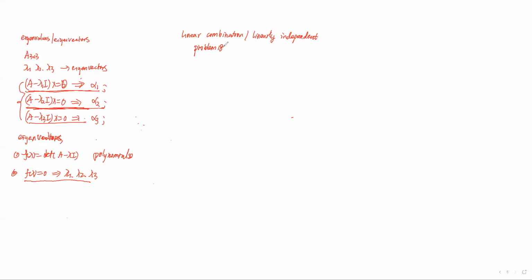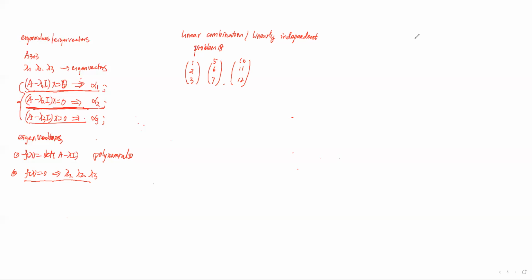So for example, look at problem 18. You may ask me, how do we know whether these vectors are linearly independent or not? I'll tell you here. Let's look at this problem. This is the first vector, the second vector is like this, the third one is 10, 11, 12.